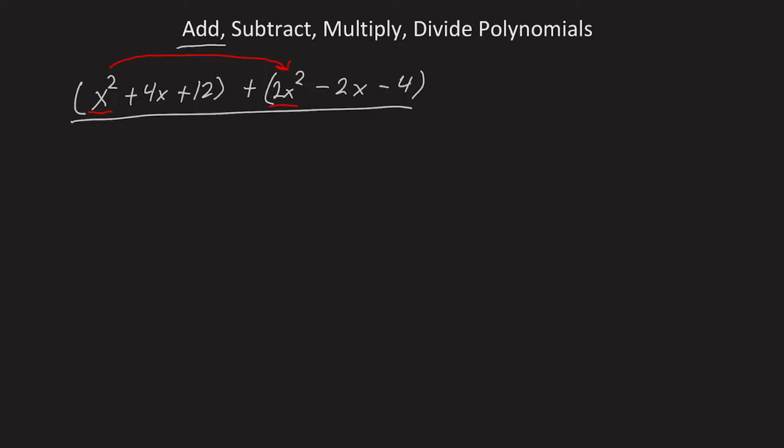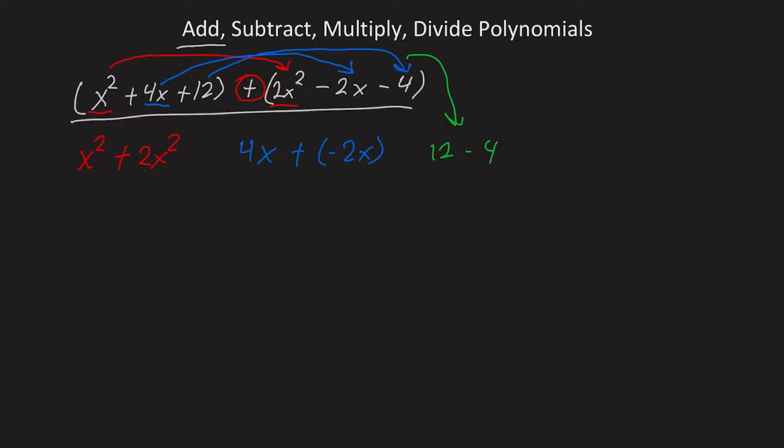This becomes x squared plus 2x squared. Then we find all of the things that have only one x and match these up: 4x plus negative 2x. And then we find all of our constants, which becomes 12 minus 4 in this case.